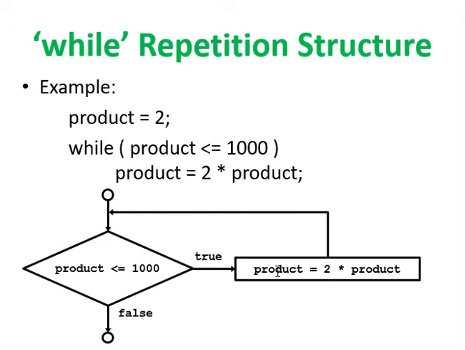So again the previous product value 4 times 2 is 8. Now the product value is 8, and again this decision statement starts, until we get a false statement. This is the while repetition structure we use in our programming languages when writing a program, and here we can understand it better through the flowchart.